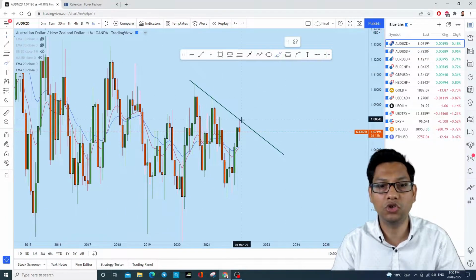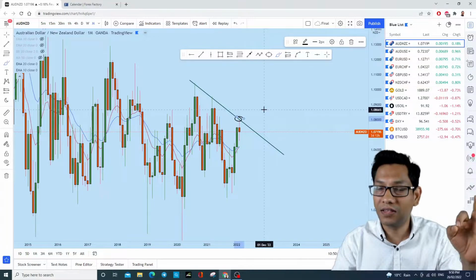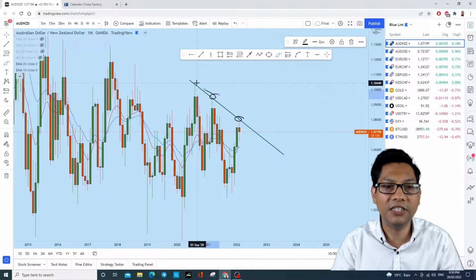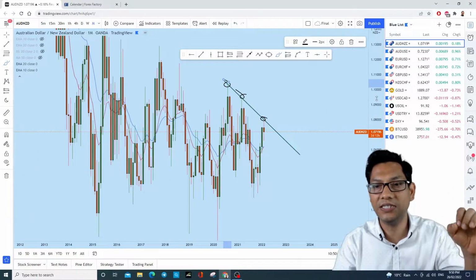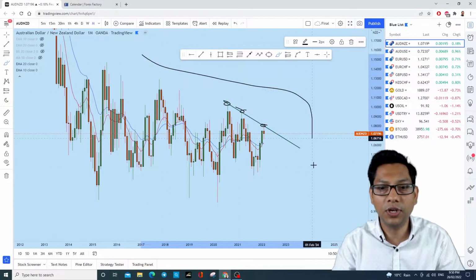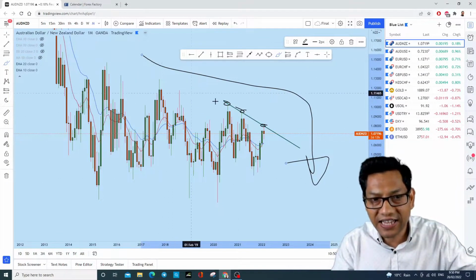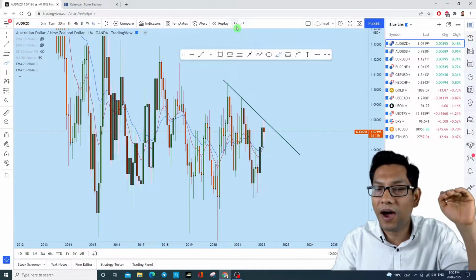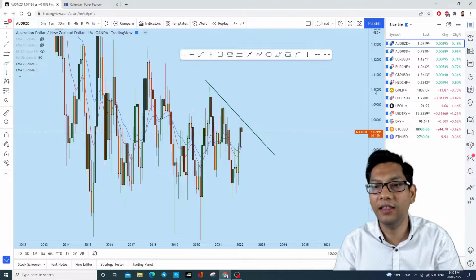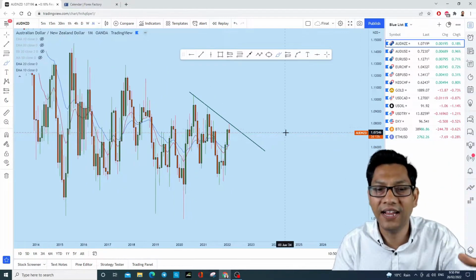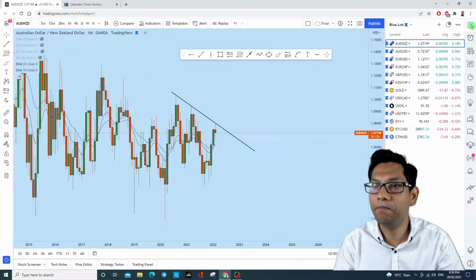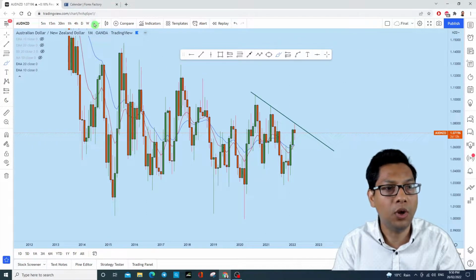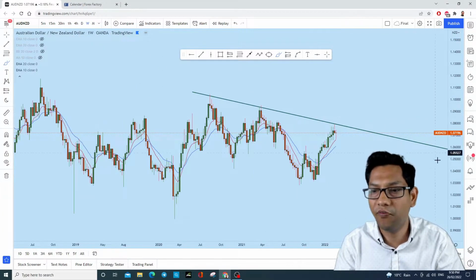So this is a strong level of monthly trend line resistance here, everywhere there is a resistance, and this is an overall historically bearish market creating a series of lower highs. Remember, when you see this kind of market, a series of lower highs, this is a bearish market structure. So monthly bearish. Let's see on the weekly time frame how the price action is forming.